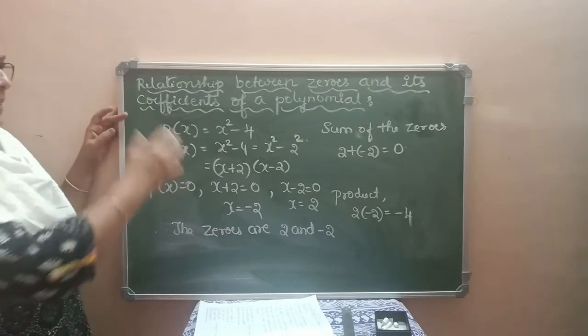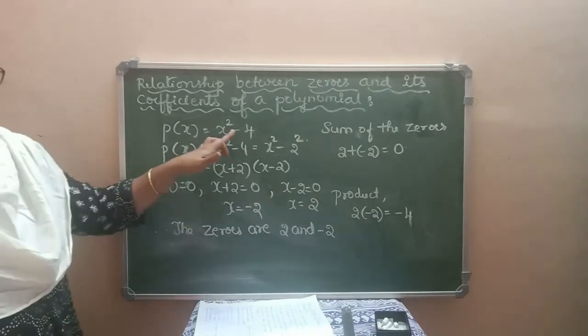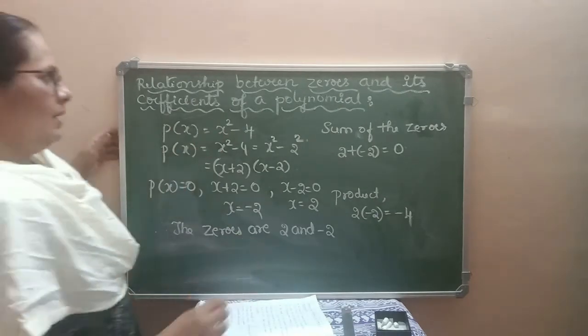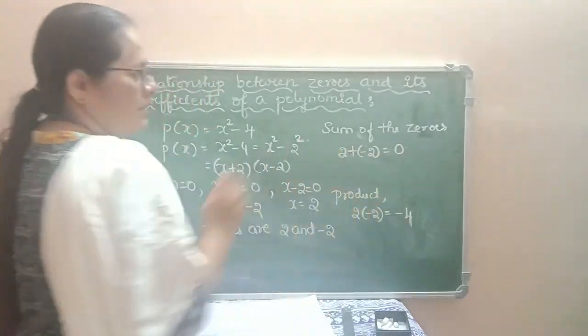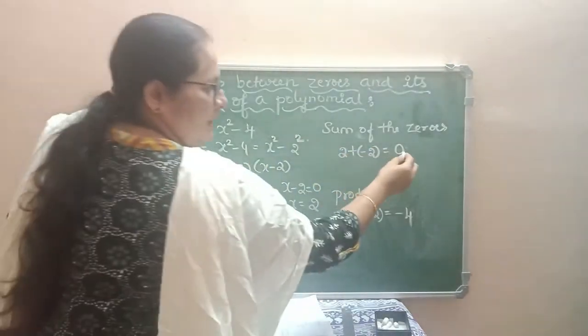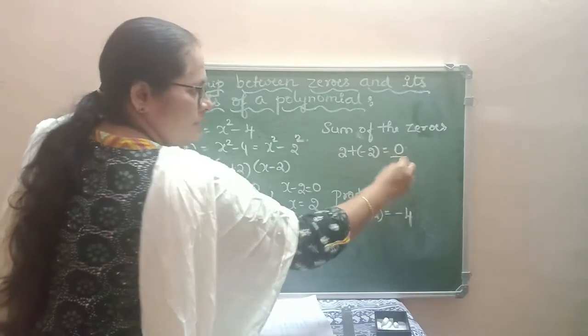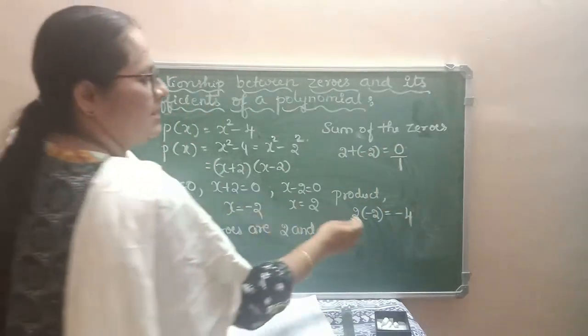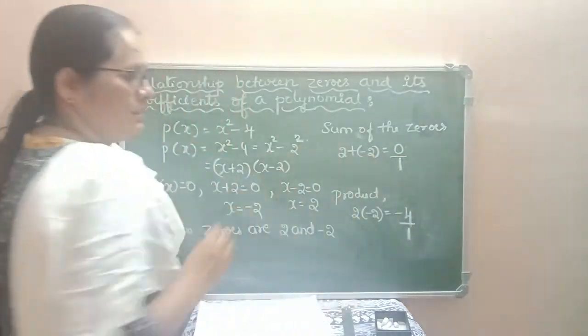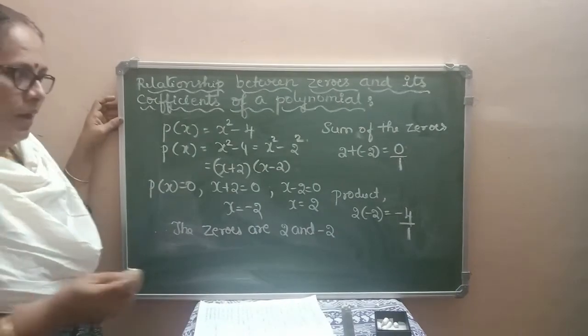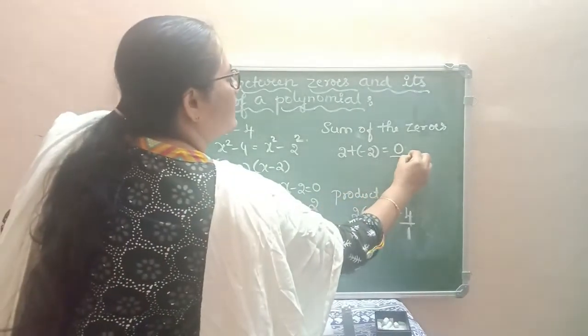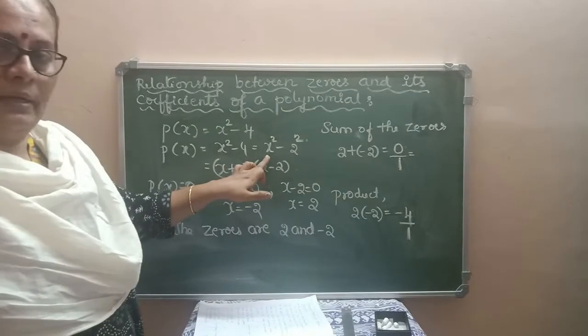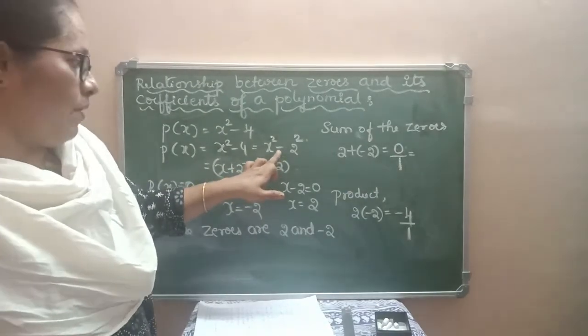Now I will compare with the coefficients of this polynomial. Can we write 0 as 0 by 1? So 0 by 1 is 0. Similarly we can write it as minus 4 by 1. Now see here, what is 0 over here? The coefficient of x is 0.